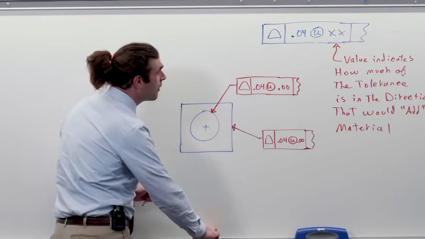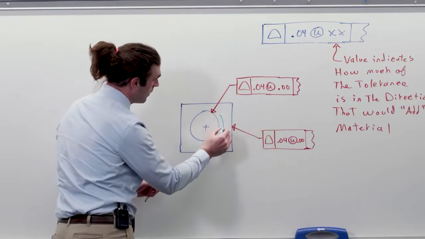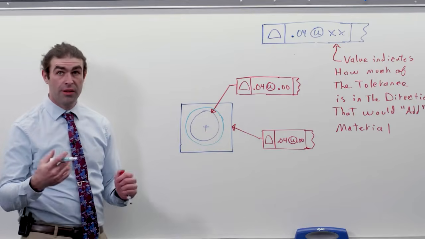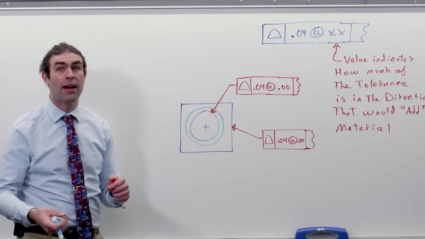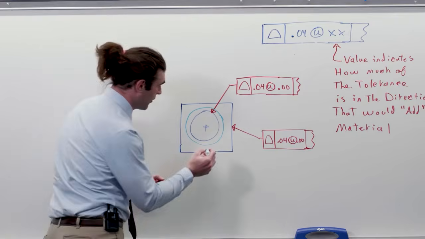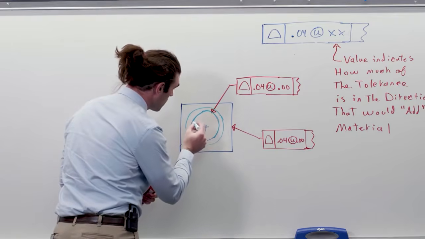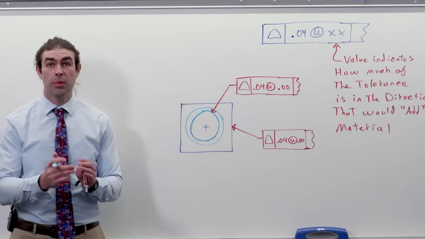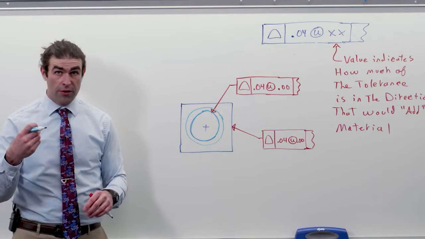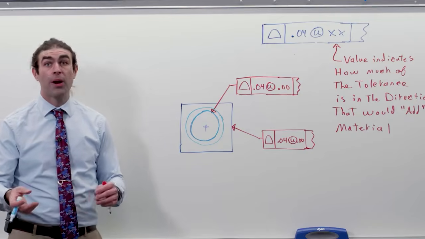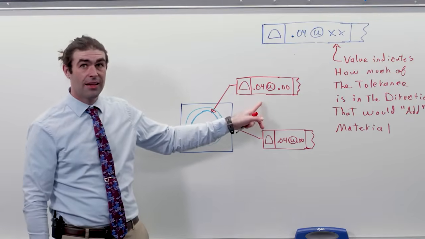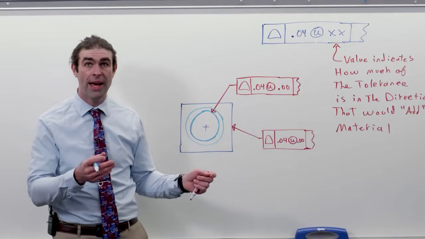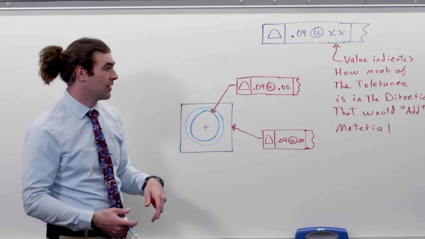So the entire 40 thousandths tolerance zone is inside of the true profile as indicated by basic dimensions. In this case, the hole could only get bigger. Now, from a manufacturing standpoint, you probably want to take this and then fix the basic dimension to make it in the middle of here for your tool paths, but that's a different thing.